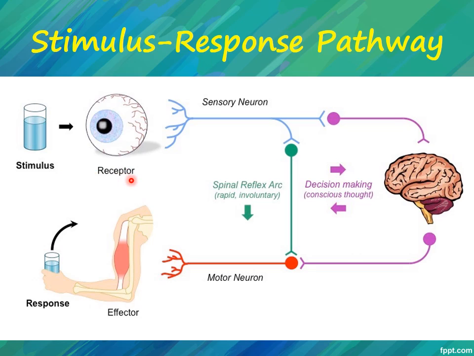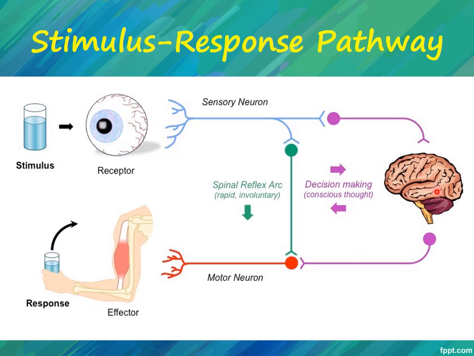Then what happens, this information that is detected by the receptors, they will transform the stimuli into nerve impulses, and these are transmitted to the brain. And finally in the brain, decision making and conscious thought will start, and it will start deciding what to do.